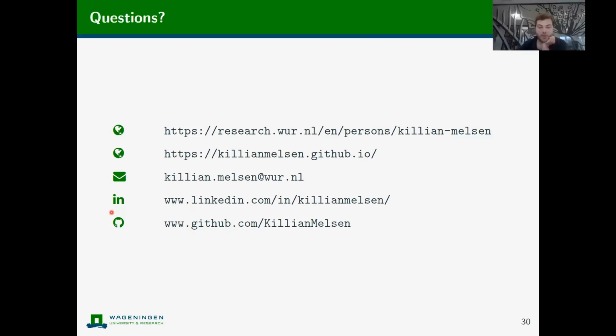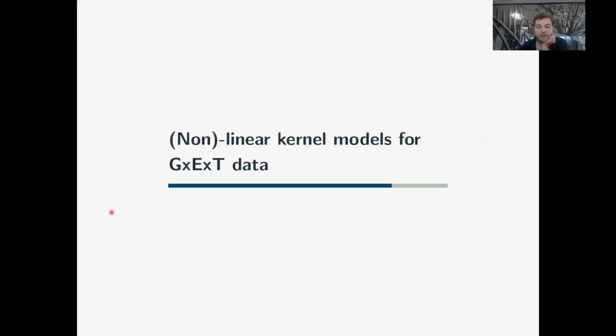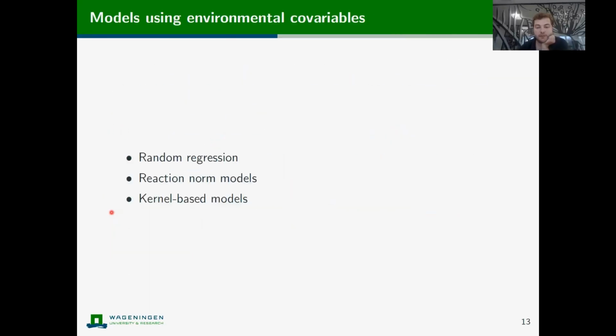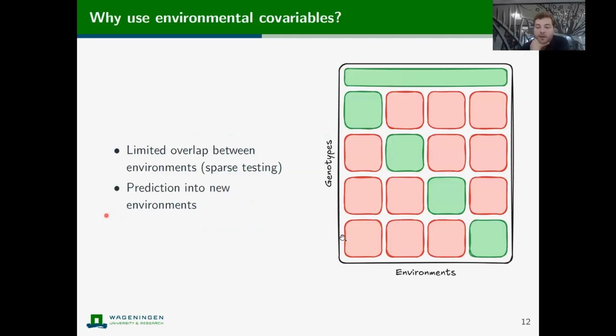Well, in this case, for the sparse testing setting, of course, there are missing combinations. What I did here, and that's also characteristic of this drops data and some other data sets I've looked at, is that both managements are available in every environment. It's simply low and high nitrogen, irrigated versus non-irrigated, and those are both tested in all environments.